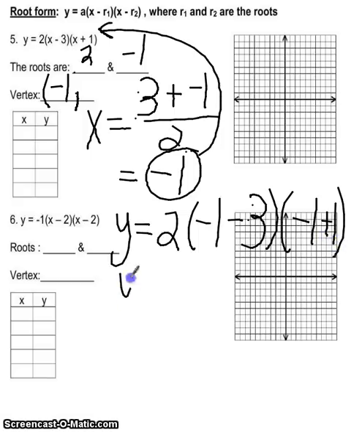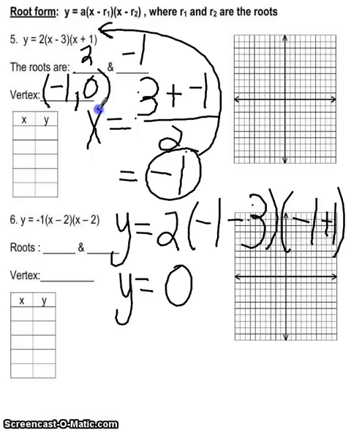So when I multiply that out, -1 minus 3 is a -4, and -1 plus 1 is 0, and remember, anything multiplied by 0 is going to be 0. So my vertex for problem number 5 is (-1, 0).